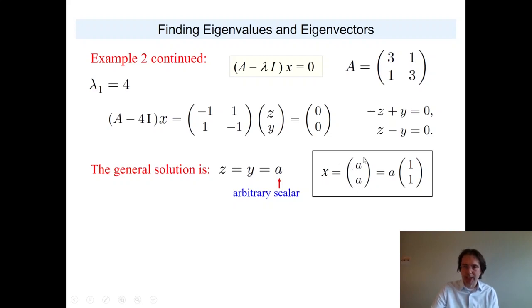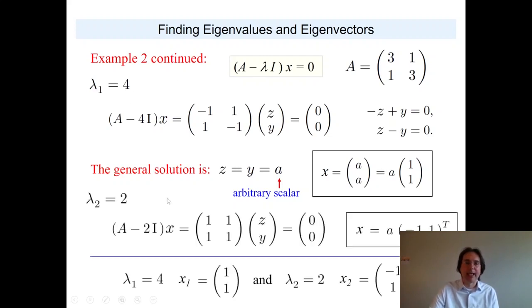It will be a vector with the components a and a, or a multiplied by the vector 1, 1. We call this our eigenvector, where we keep in mind that any scalar multiple of it will also be an eigenvector of matrix A for this eigenvalue.